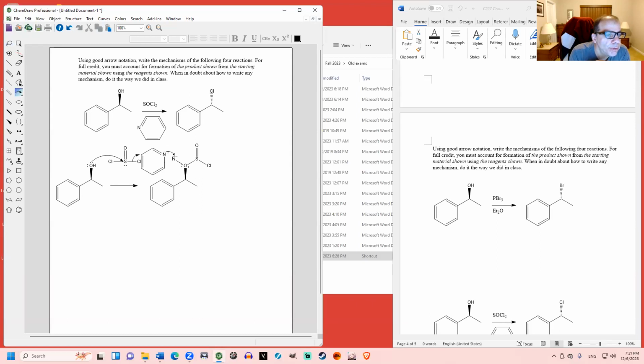So the nitrogen of the pyridine pulls off the proton. We break the hydrogen-oxygen bond.